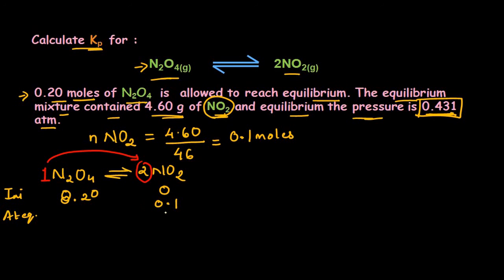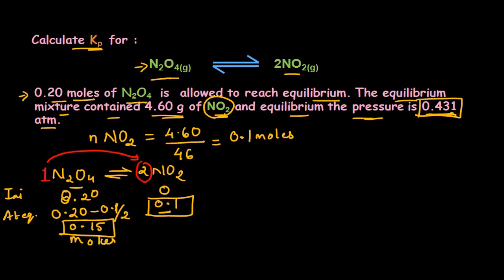That shows that compared to nitrogen dioxide, half the moles of N2O4 is used up. So we need to subtract the moles accordingly. We will be subtracting 0.1 divided by 2, that is 0.05, so 0.15 moles of N2O4 and 0.1 moles of NO2 are present at equilibrium. So moles of N2O4 is 0.15 and for NO2 the moles is 0.1.